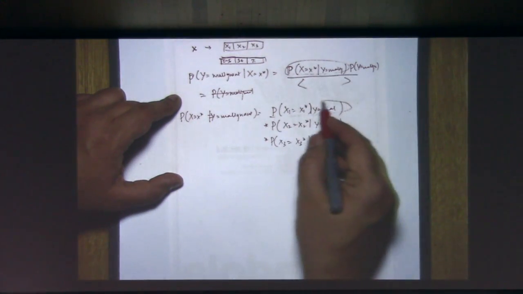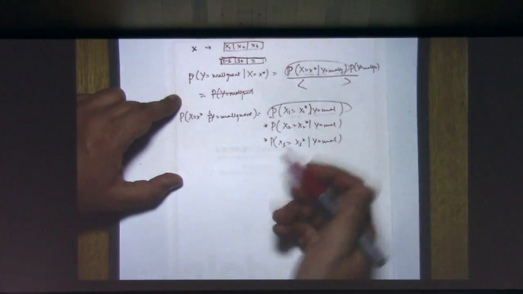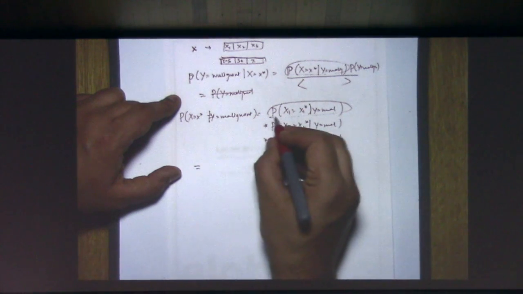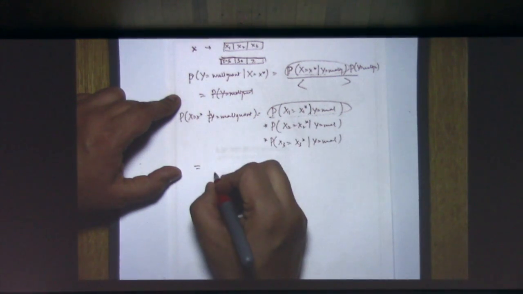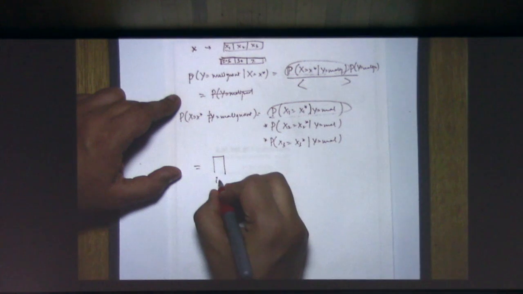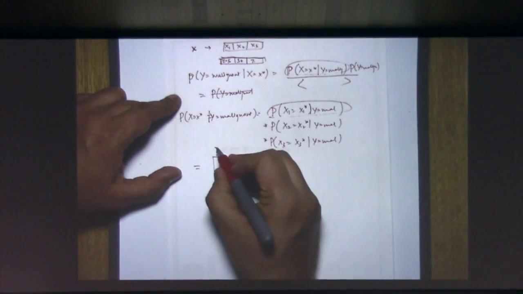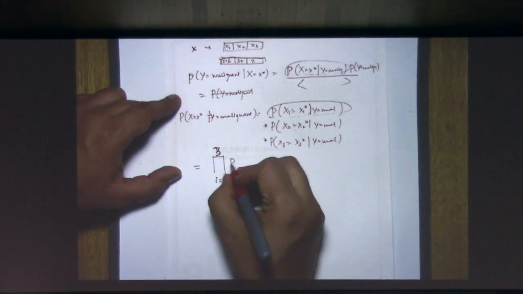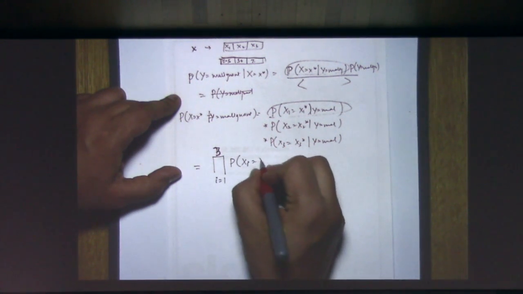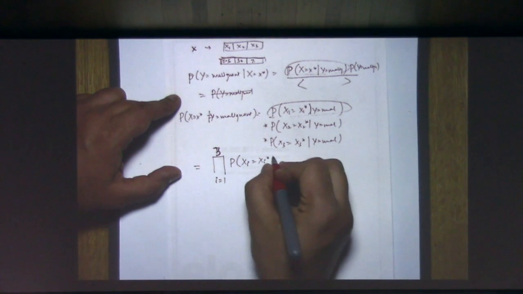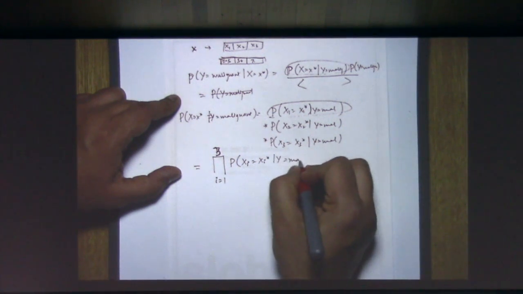Now since we are modeling each one of them as a normal distribution, or Gaussian distribution, I'm first going to write it as a product i equal to 1 through d, or 3, of p of x i equal to x i star given y equal to malignant, right?